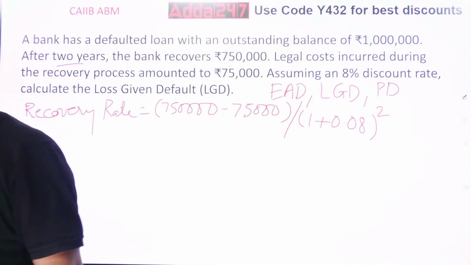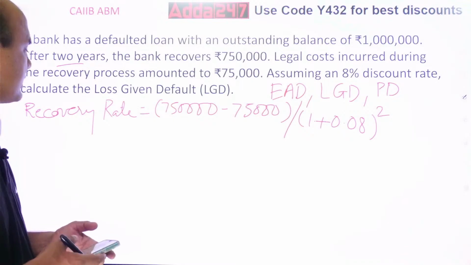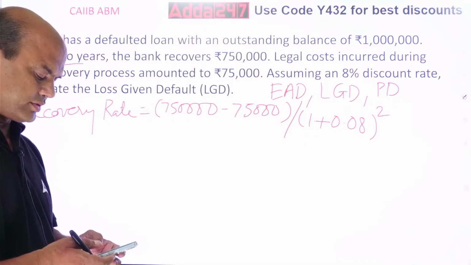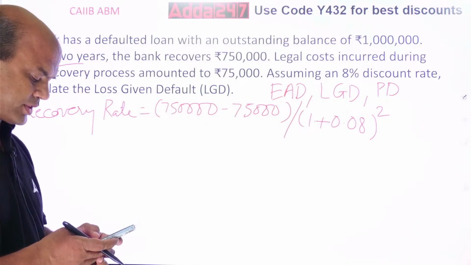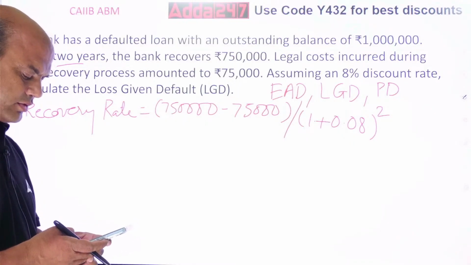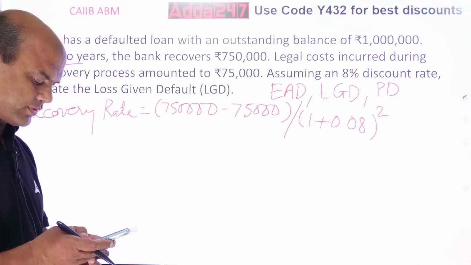Very important, you want LGD, loss given default. So, what is the answer? Let me also try it. What is the answer you are getting? 7,50,000 minus 75,000.